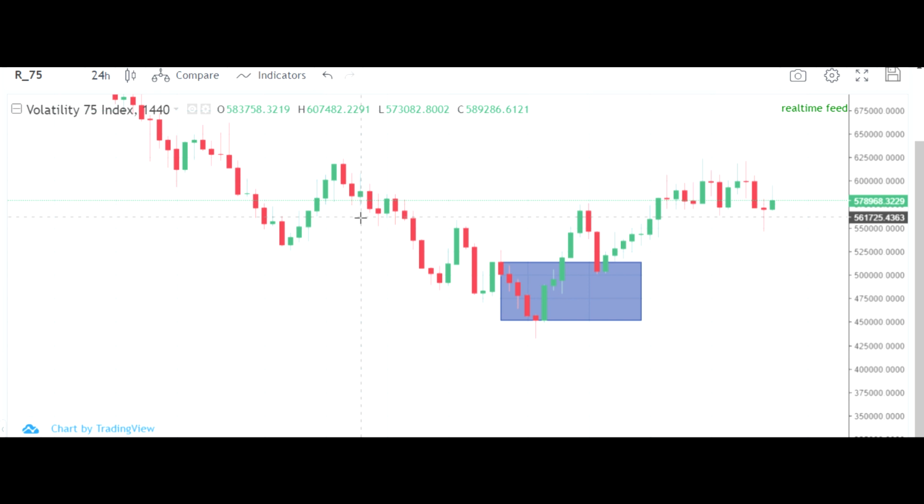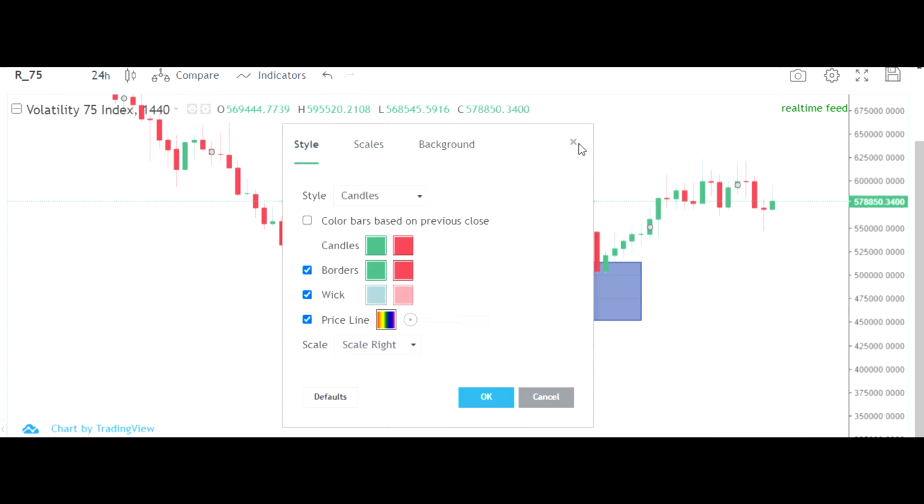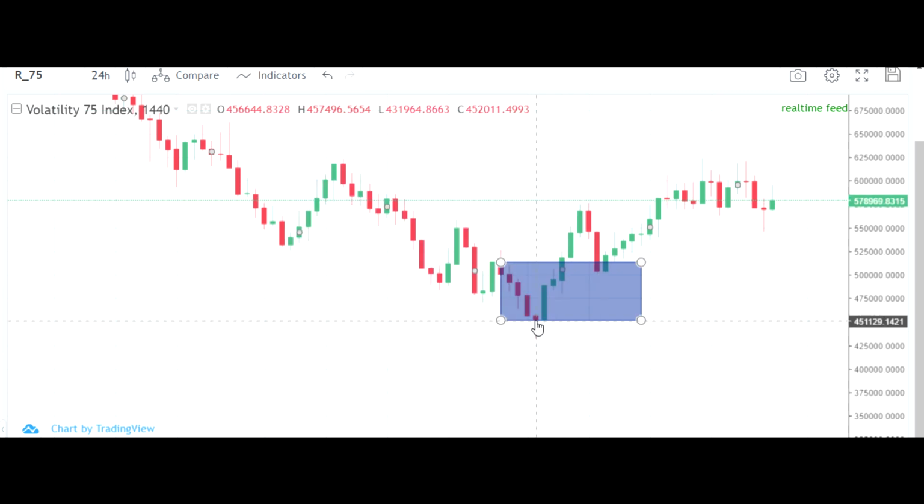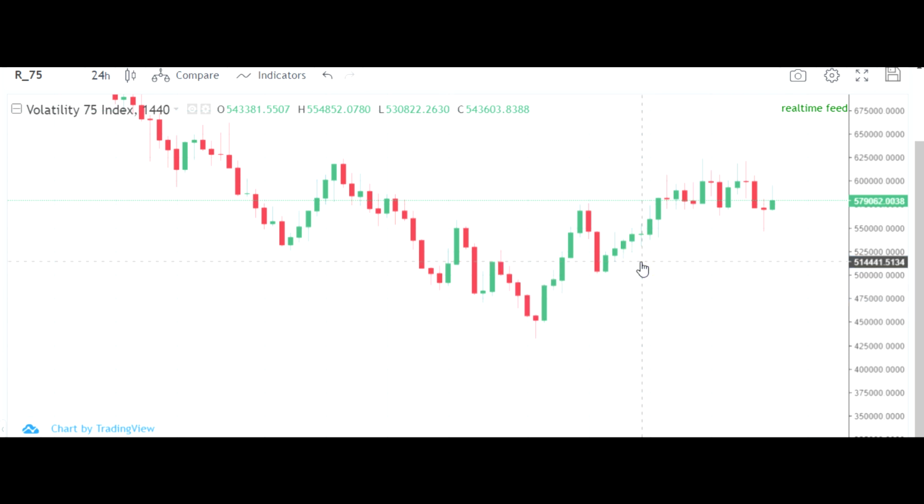depending on the situation at hand. If we had this particular candle as a bullish candle, necessarily I would have considered my order block to be the last bearish candle. Why? Because that is the last candle that actually rallied price up.